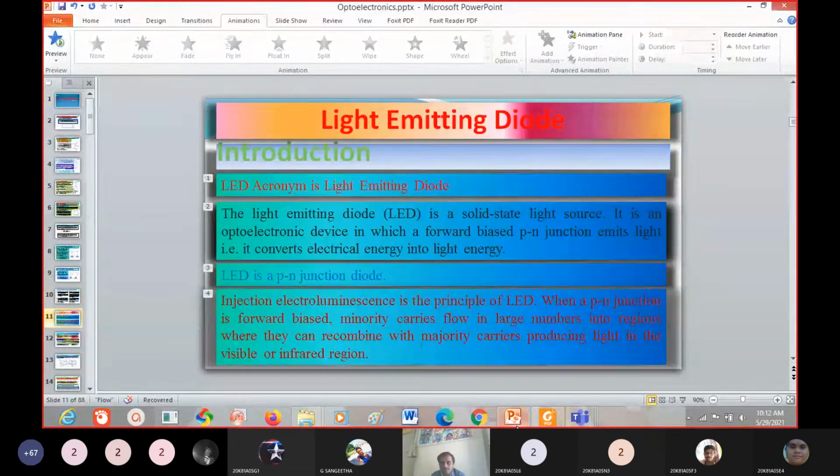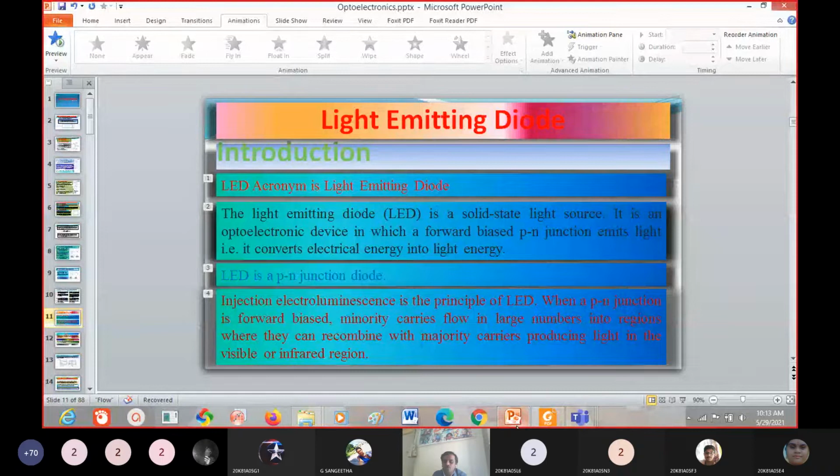If you take a direct band gap semiconductor, only direct band gap semiconductors are involved in the emission process. So band gap semiconductors only emit photon radiation.